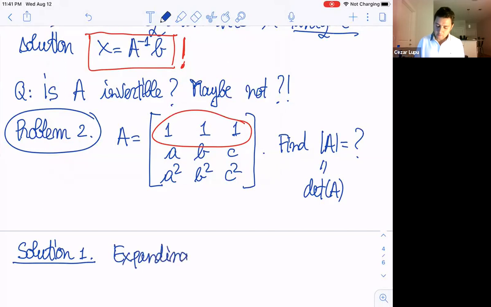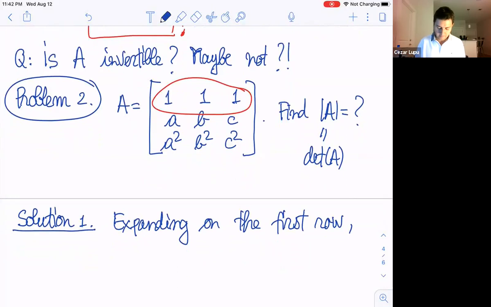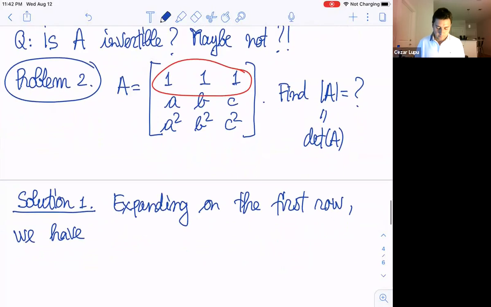Expanding on the first row will give us the following. So the determinant of A will be 1.